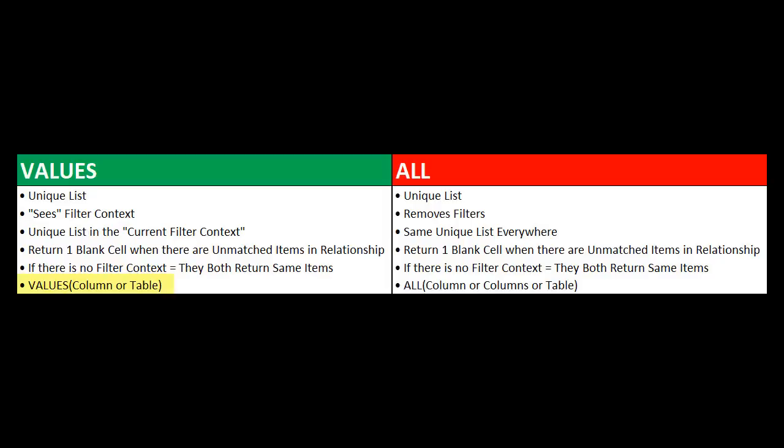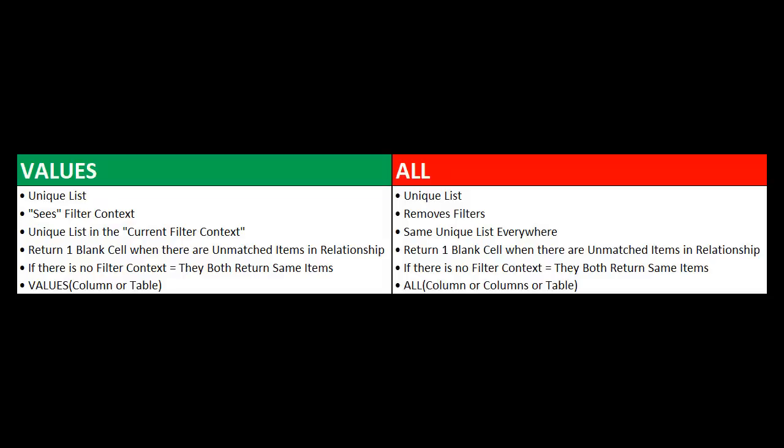And you can put a column or a table into values, whereas for all, you can put a column, multiple columns from the same table, or a complete table. Now, as we will see next video when we study calculate, values and all are very common functions that help change the current filter context.